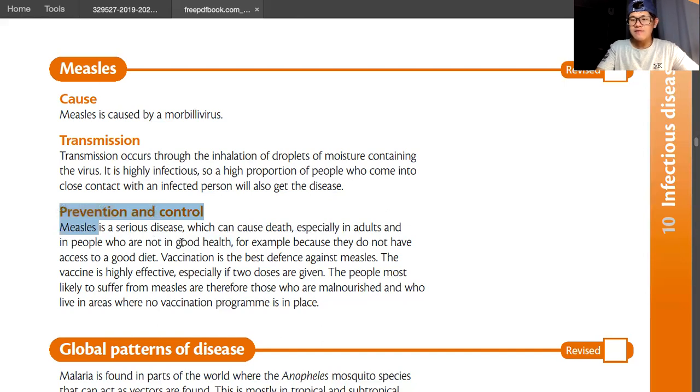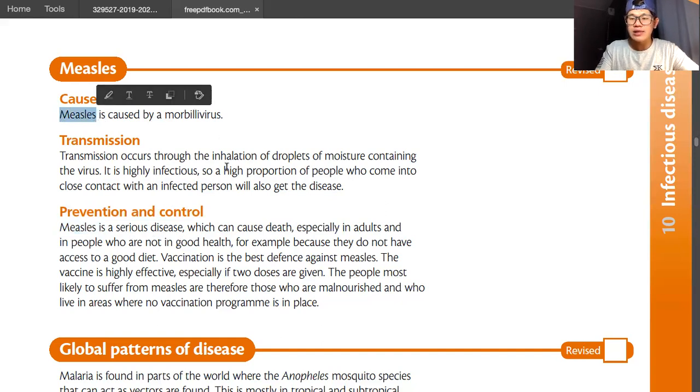No, okay, even though you are healthy, you can still develop measles. You can still have it, but at least you would have the immunity, and you are much more likely to be able to fight the disease if it comes. And same thing as well, the best defense, the best way for you to not get measles or to not get really sick from measles is by having vaccinations.